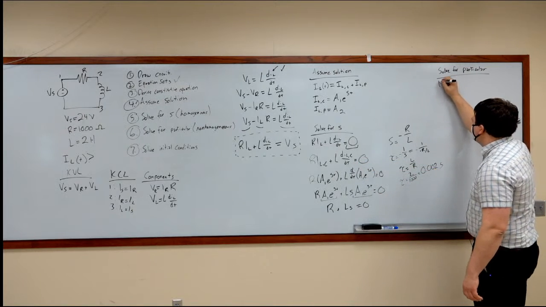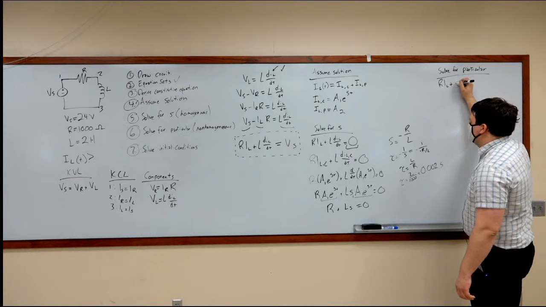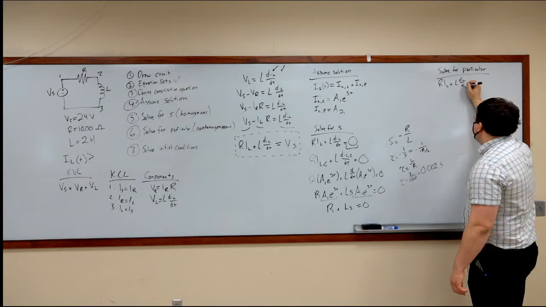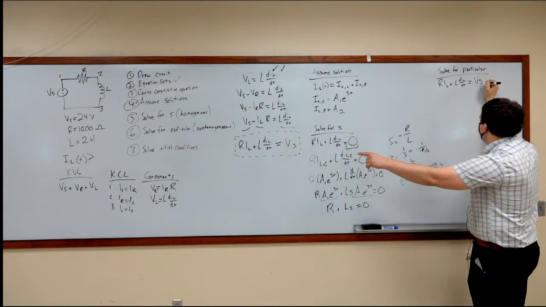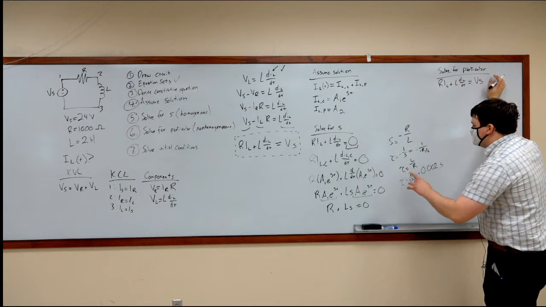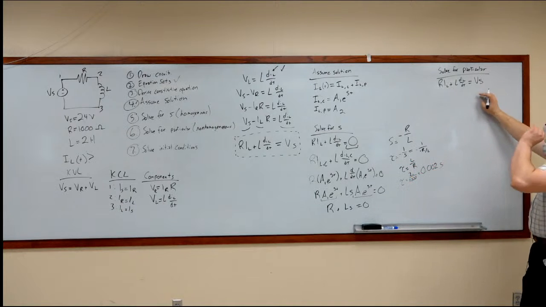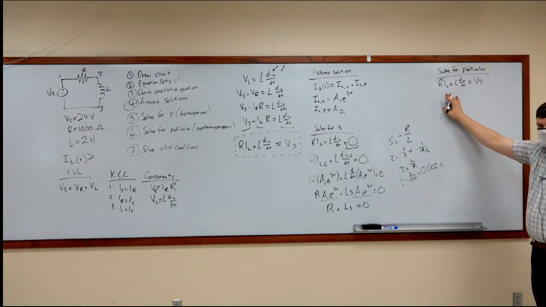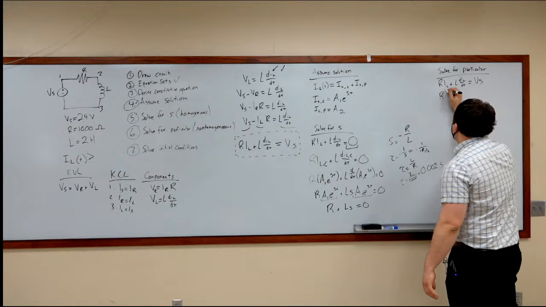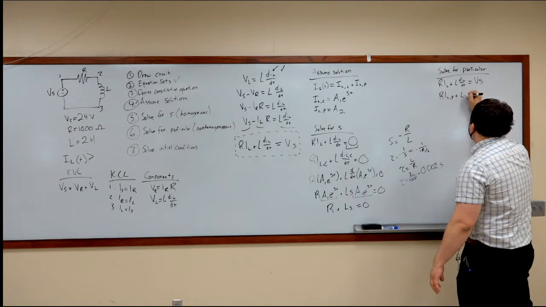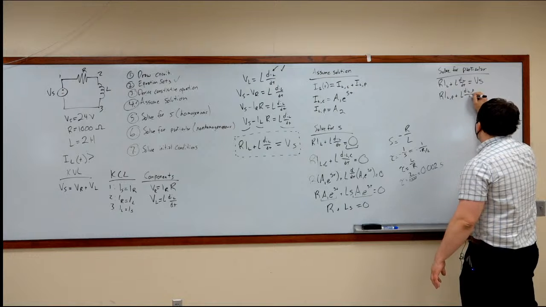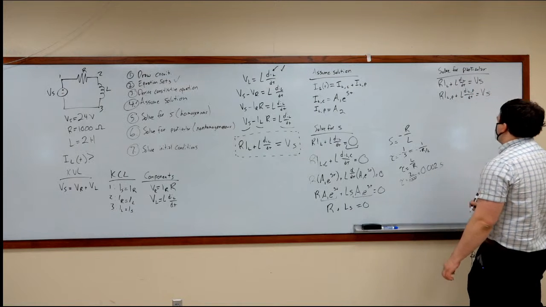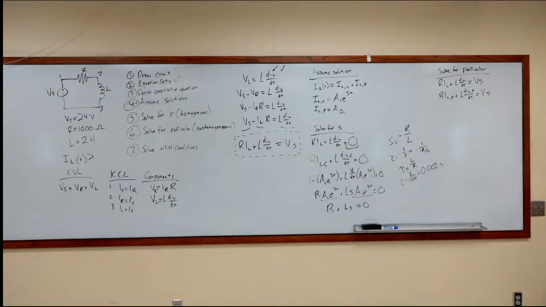Okay, so write this again. R IL plus L dIL/dt is equal to Vs. Not 0, Vs here because this is non-homogeneous. We replace IL with what? ILP. So this becomes R IL,P plus L dIL,P/dt equals Vs. What is our next step?